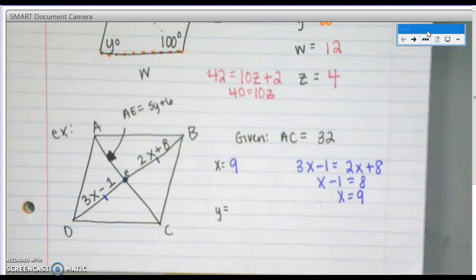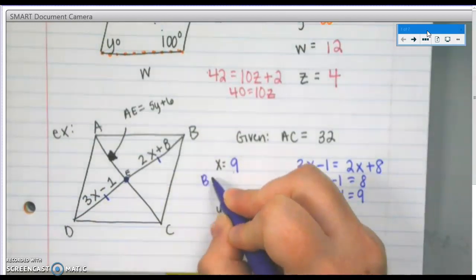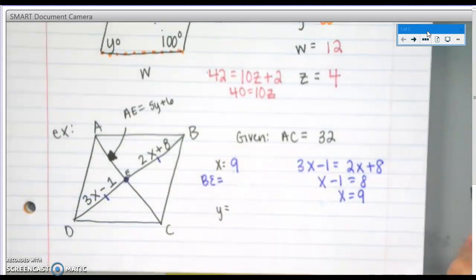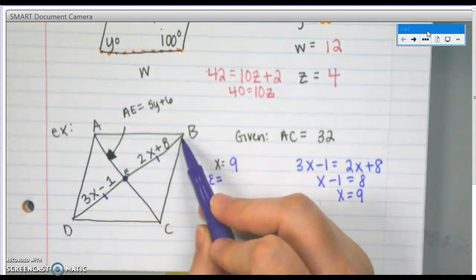Pay very close attention to geometry problems, what the question is actually asking you for. If I just asked you for x, we would be done. But if I asked you to figure out what BE was equal to, that means I want you to plug it back in.